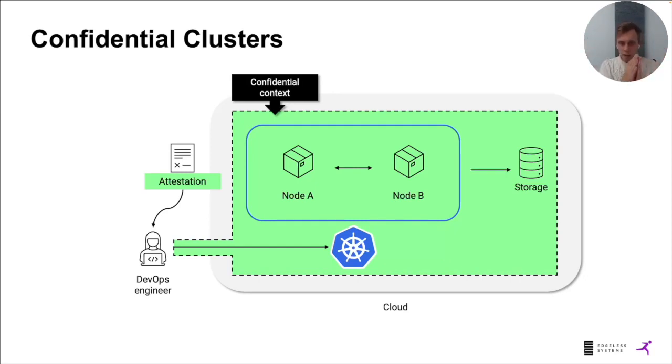Then it needs to be taken care of that all of these nodes are verified and chained together, that the API server is verifiable, and that stuff that's written to the network or to storage is also encrypted. And then you want all of the usual properties like scaling, updating, backups, recoveries. All of this needs to be taken care of.